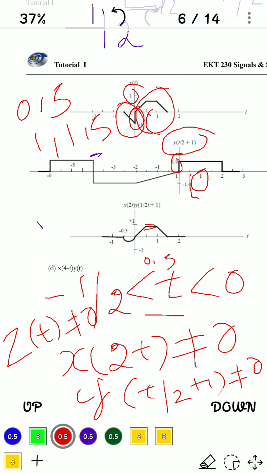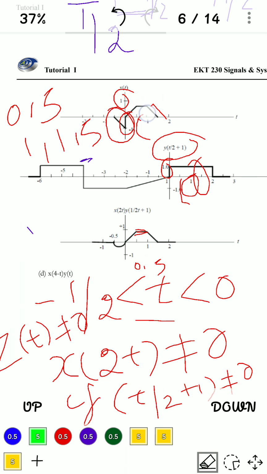After that, what is going to happen at 1.5? For 1.5 it is 1 here, but for 1.5 over here it is drastically decreasing to 0. Let me erase this and show it to you. So you had an amplitude of 1 here, right?